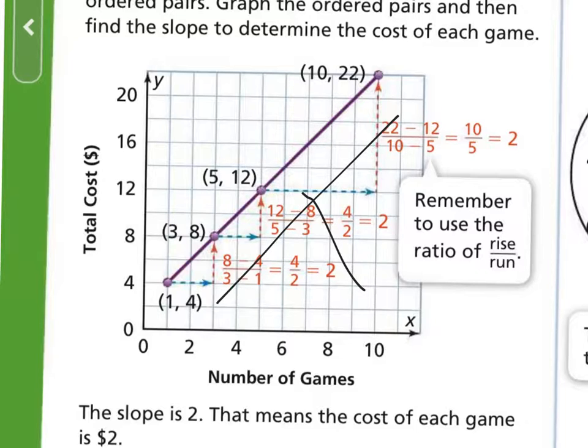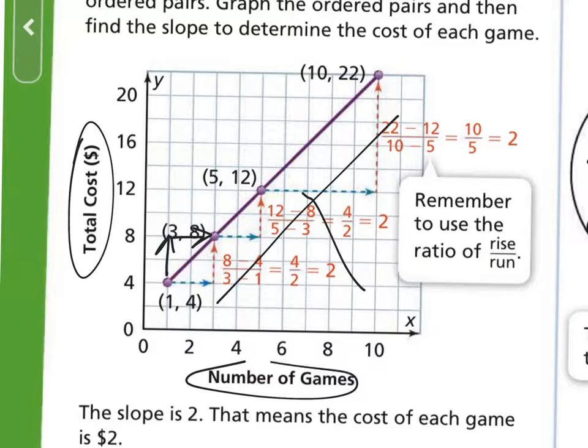And what we can do, kind of like the book's doing, is look at the slope of this line. The slope of the line is our rate of change, which is going to tell us the cost per game. If we know the cost per game, then we can figure out how much the shoes cost into that price.